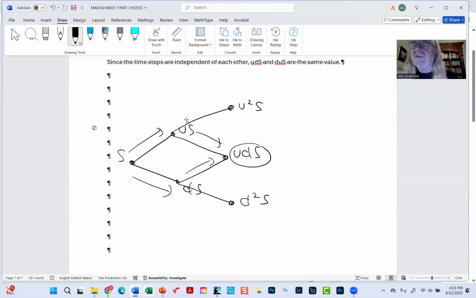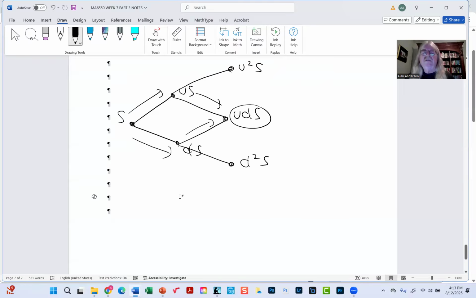Now that's a conscious decision, by the way. It doesn't have to work out that way. It's to minimize the amount of calculations that are needed.